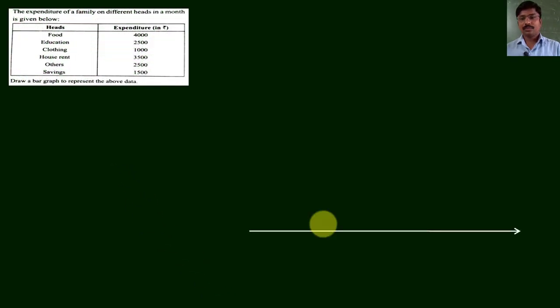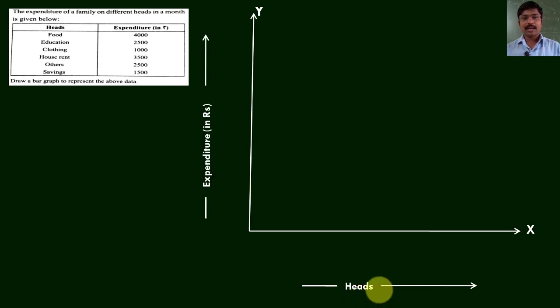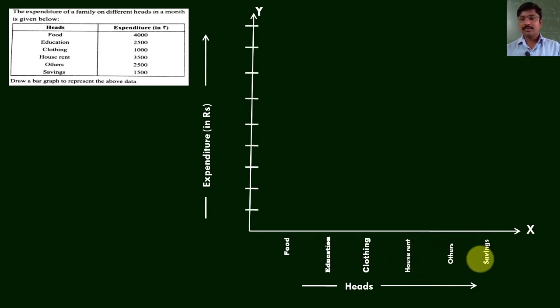Draw a horizontal line, we call it the x-axis. Second, draw a vertical line, and we call it the y-axis. Along the x-axis we will write all the heads, and along the y-axis we will write expenditure in rupees. First head is food, second is education, third is clothing, fourth is house rent, fifth is others and sixth is saving.